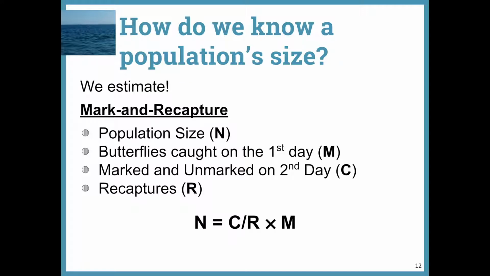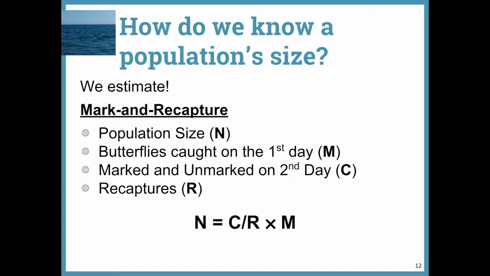But what we know is that many species move around. So the bigger question is, how do ecologists estimate population size for turtles in a pond or mice in a forest or butterflies?